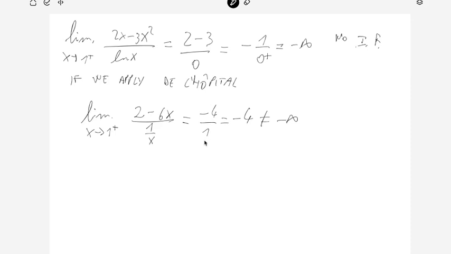So, if you apply the L'Hopital, you obtain a wrong result. Why? Because you don't have an indeterminate form. So, if you start applying the L'Hopital without substituting and checking if there is an indeterminate form, you make a mistake. So first check if there is an indeterminate form. If there is, you apply the L'Hopital. If there is not, you don't apply the L'Hopital.